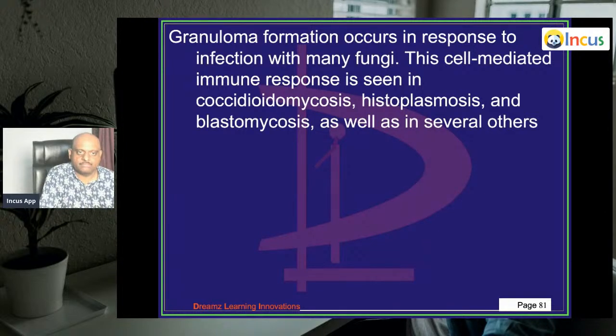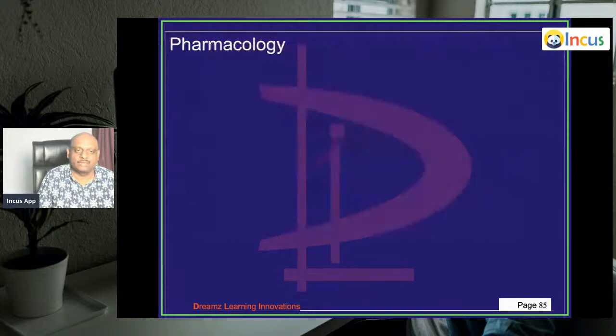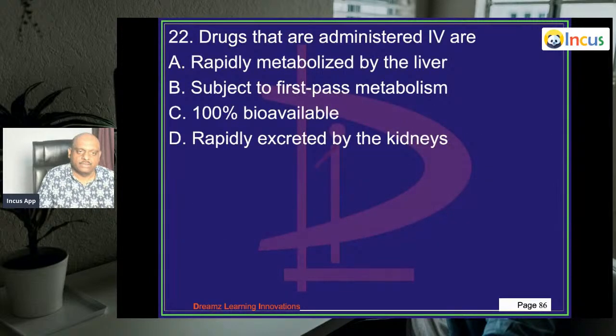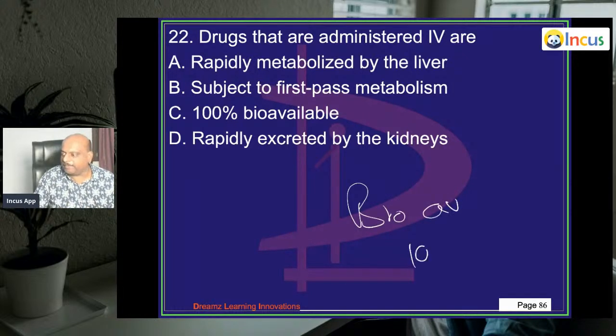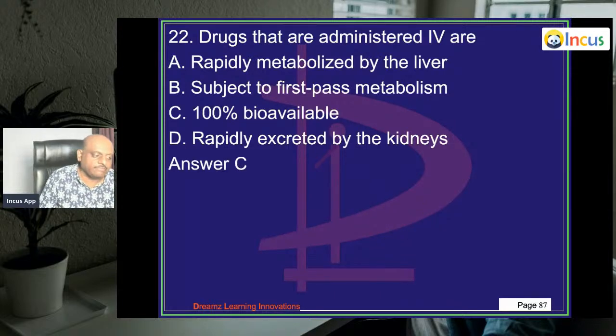Now, doctor, how to recognize Candida albicans, yeast and pseudohyphae? If you give a drug intravenously, what is the effect of it? Bioavailability will be 100% if you happen to give it intravenously.